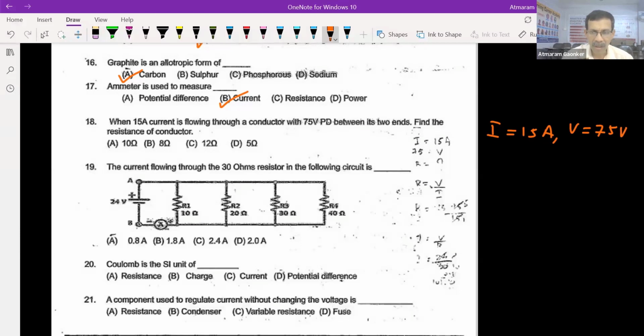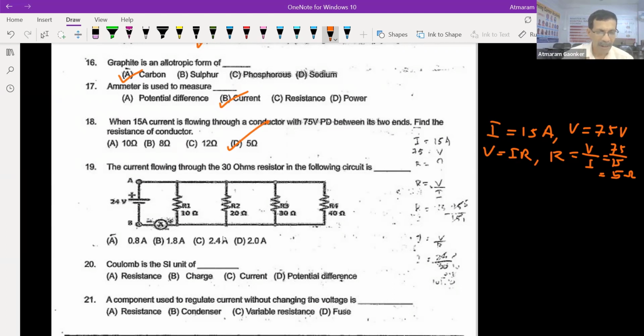Find the resistance. So we have V is equal to IR by Ohm's law and R is equal to V upon I, that is equal to 75 divided by 15. This works out to be 5. So 5 ohms is the correct answer. So it is option D.